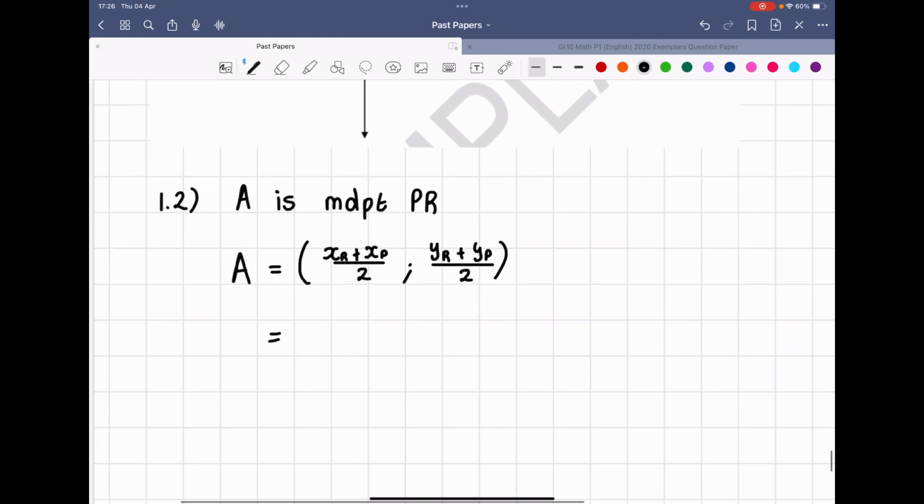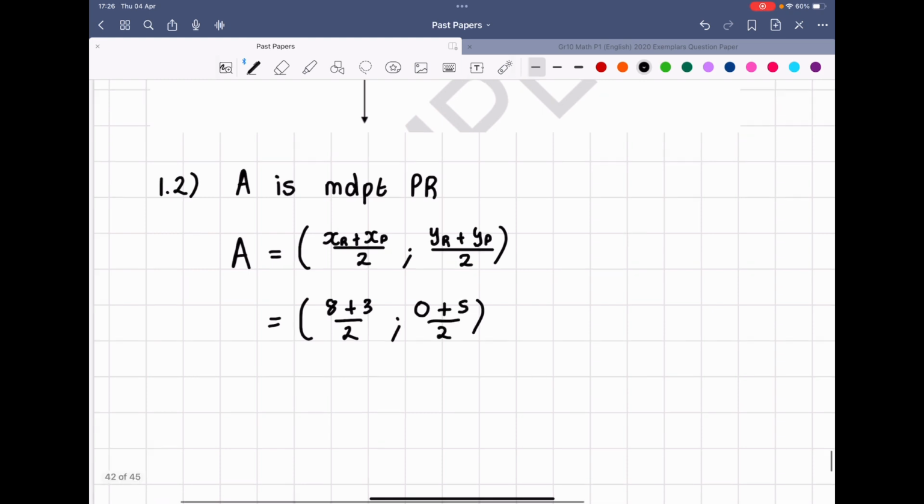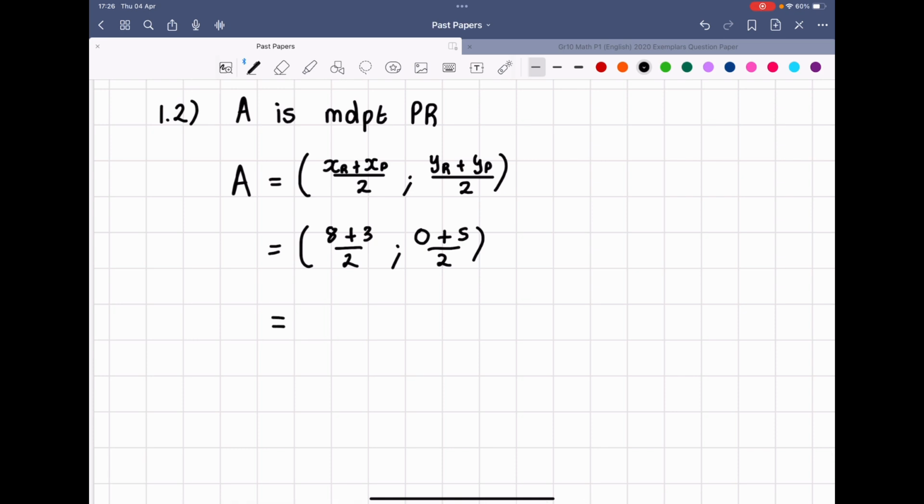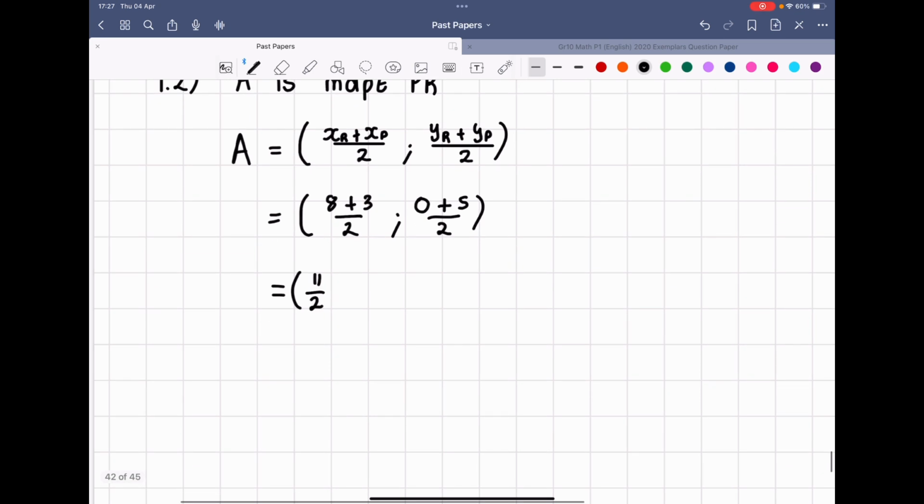And I just found out that x of r was 8, and I was told that x of p is 3 over 2, and y of r was 0, y of p was 5 over 2, and 8 plus 3 is 11, so this one is 11 over 2. And then for 5 plus 0, that's just 5, and this is 5 over 2, and those are my coordinates for A.